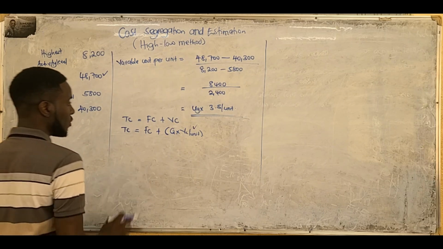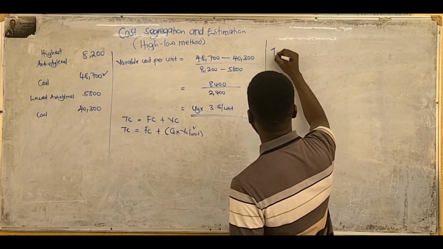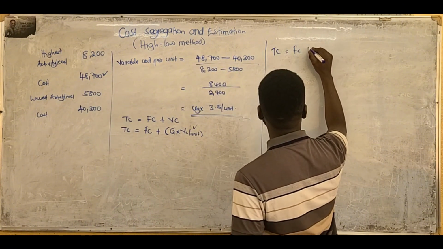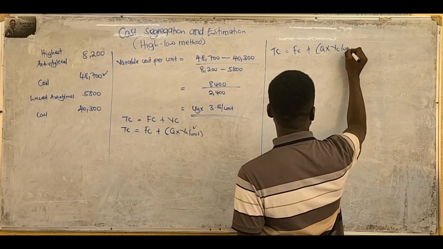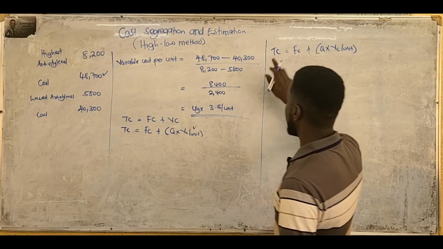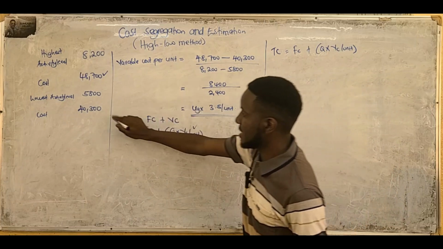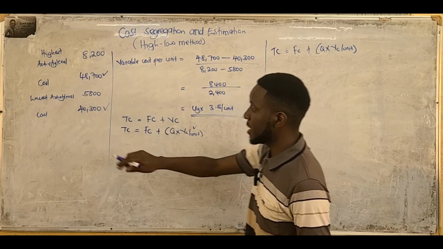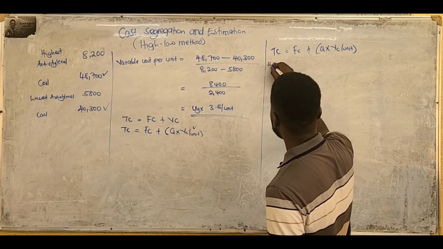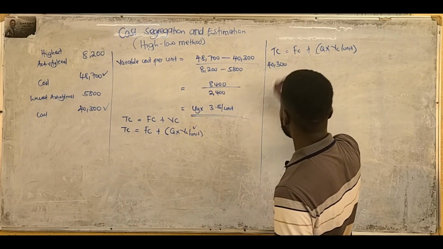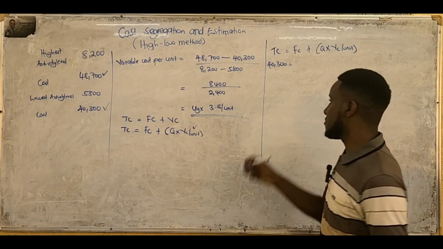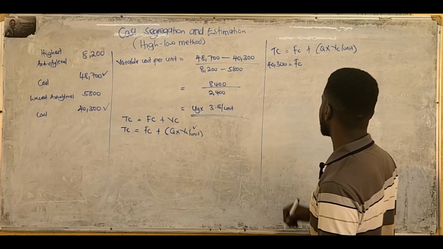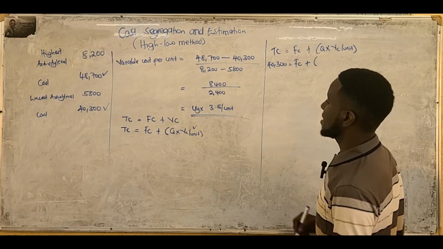So when I take the lowest, you're going to say our total cost equals fixed cost plus our quantity times variable cost per unit. Now the total cost here that we had is this, because I'm taking the lowest level, it is this. So you come here and say 40. Okay, now the fixed cost we don't know, it's what we are calculating for. So we say fixed cost, then plus the quantity.